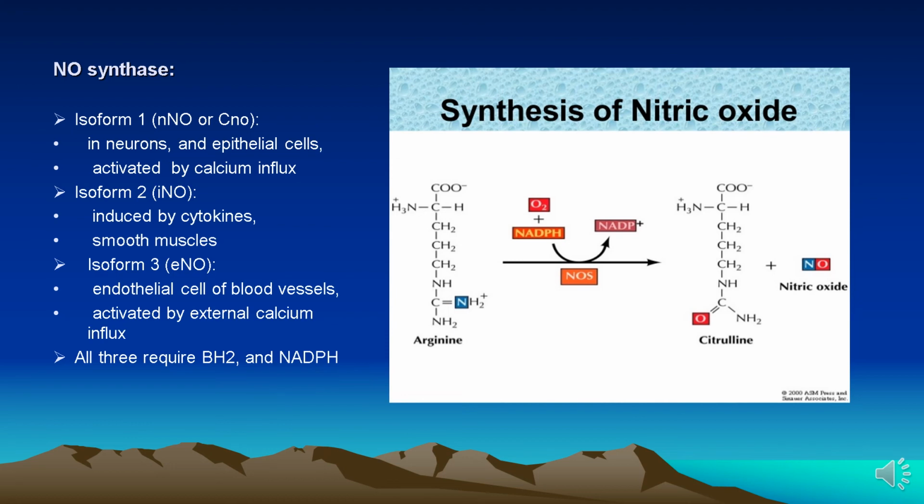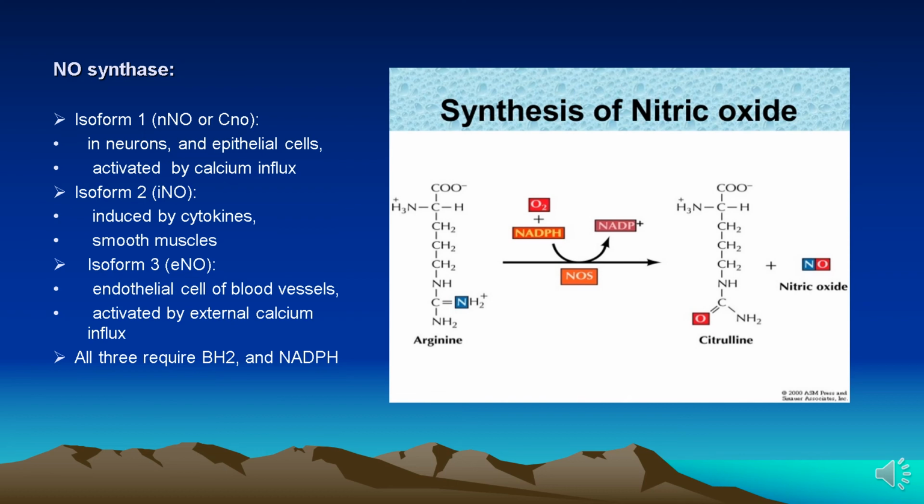Nitric oxide is synthesized by 3 enzymes, 3 nitric oxide synthases. Isoform 1 is found in neurons and epithelial cells, and this is activated by calcium influx. Isoform 2 is induced by cytokines, and it is synthesized in smooth muscle.